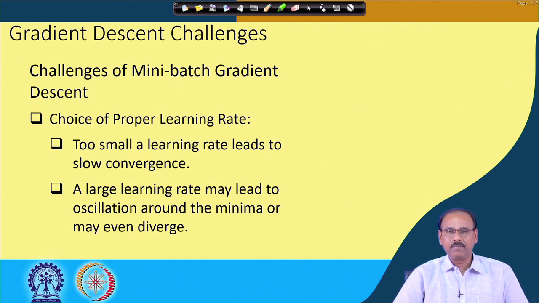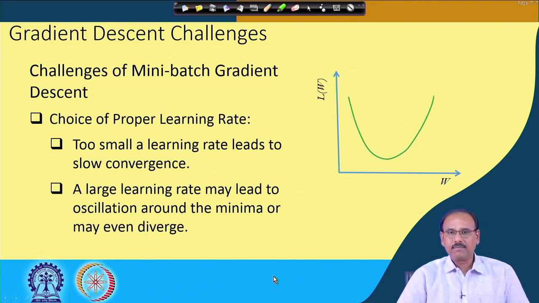At the same time, if the weight updation step is very large, then that may lead to oscillation around the minima of the loss function, or in some cases it may even diverge instead of converging. So let us see how that can happen.